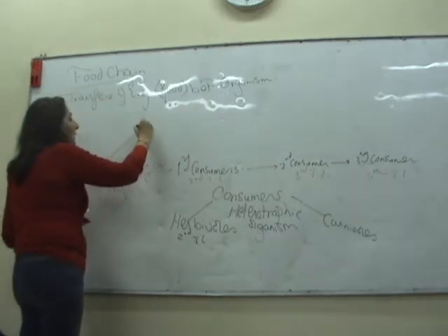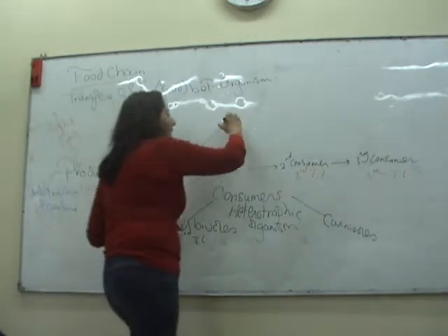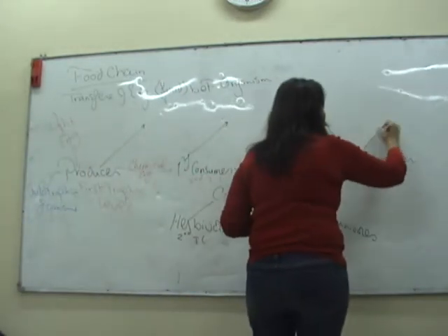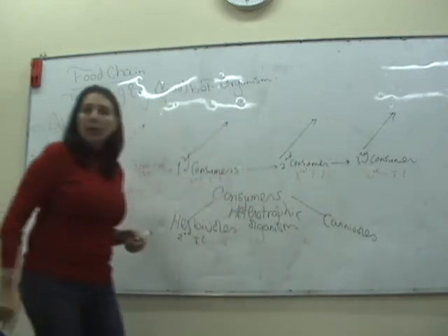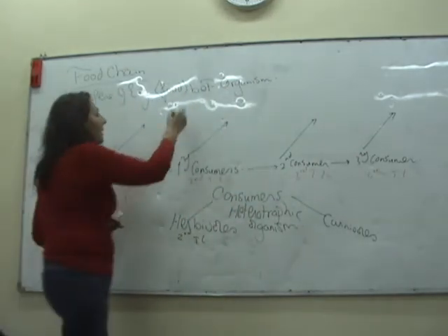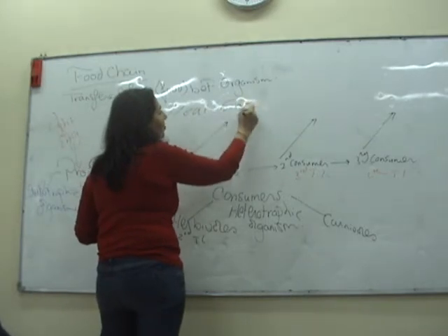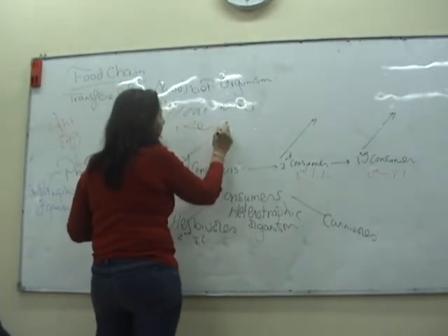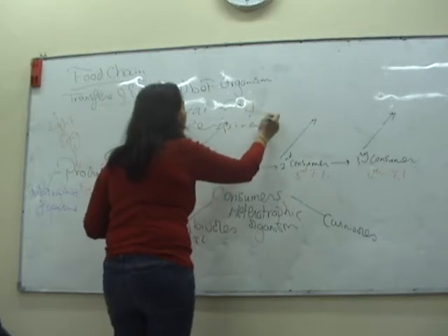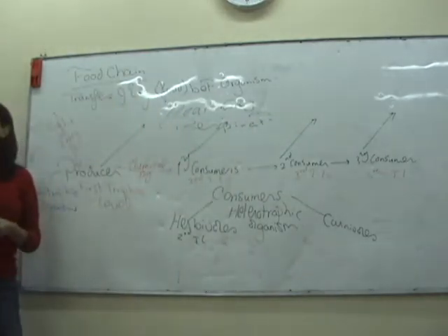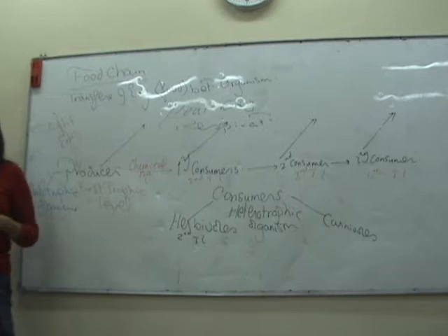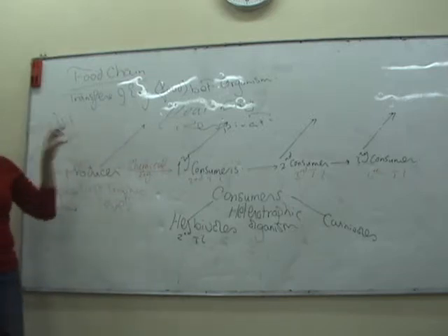In each trophic level, energy is being lost. Energy is lost in each trophic level in the form of heat energy during respiration. All the organisms are respiring and losing heat energy. This is energy lost at each trophic level.